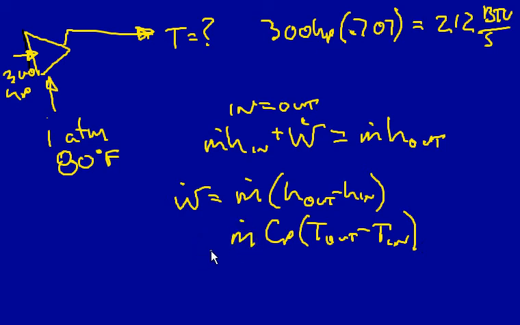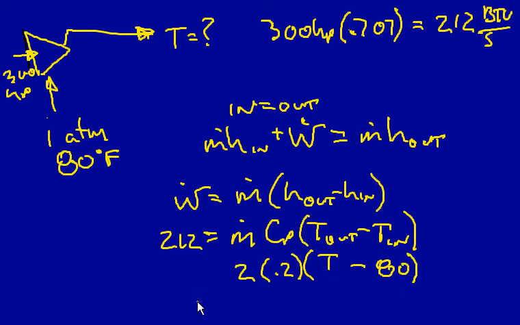So M dot Cp delta T equals 212. M dot was 2, Cp was 0.2, T out we're looking for, and T in was 80 degrees Fahrenheit. Solve that equation for T out, and we get T out is approximately equal to 610 degrees Fahrenheit.